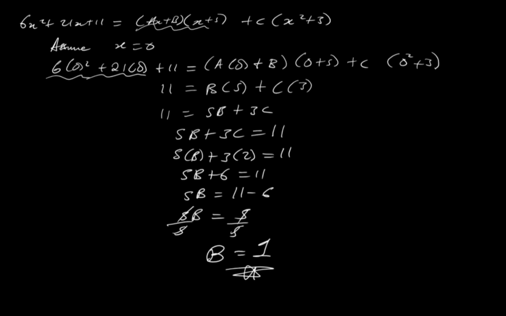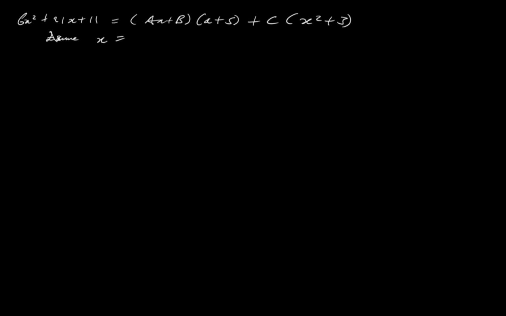So keep having assumptions. Let's assume another part. Pick it up from 6x squared plus 21x plus 11 is equal to ax plus b, then x plus 5 plus c, then x squared plus 3. Alright, now let's assume x to equal to, let's pick some numbers, let's say 1.